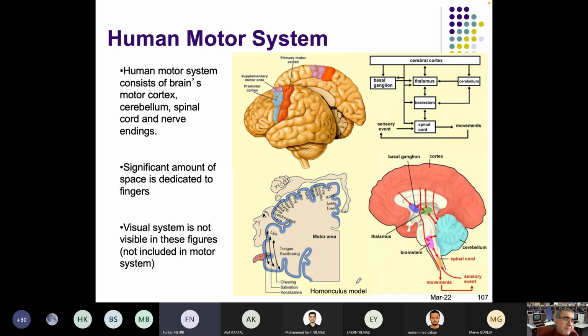One interesting thing in the human, different from the other primates, is the area that is reserved for the thumb. Most animals, including chimpanzee, cannot use this thumb in a successful way. So we hold things very successfully.